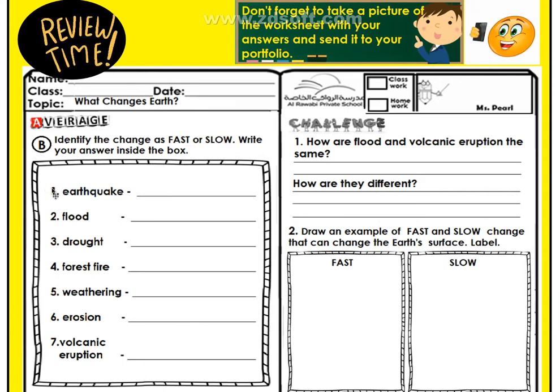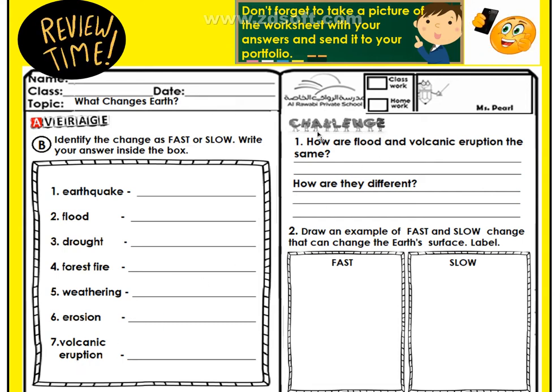So you have number 1, earthquake, 2, flood, 3, drought, 4, forest fire, 5, weathering, 6, erosion, 7, volcanic eruption.